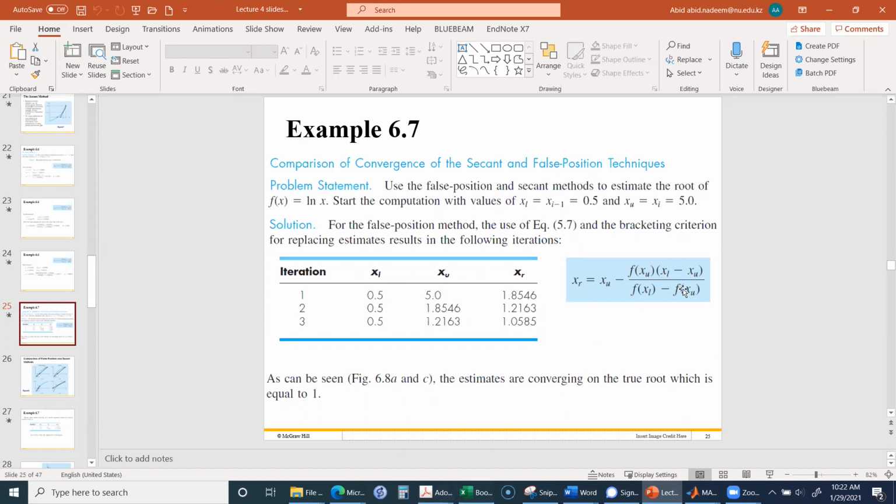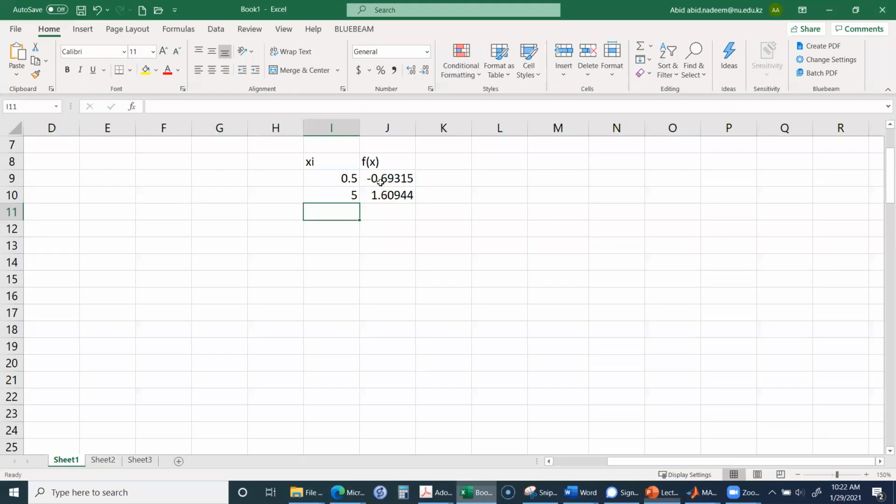So it's the same, and the formula is on the same pattern as we found in the secant method. In this false position method, now you can see that we can apply it because one of the values for the function is negative, the other value is positive.